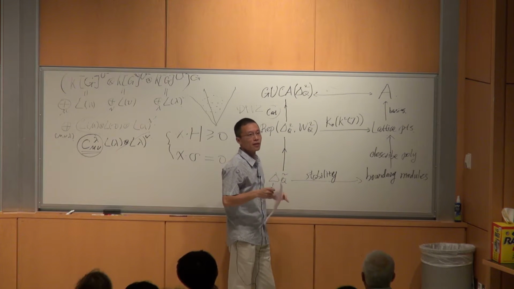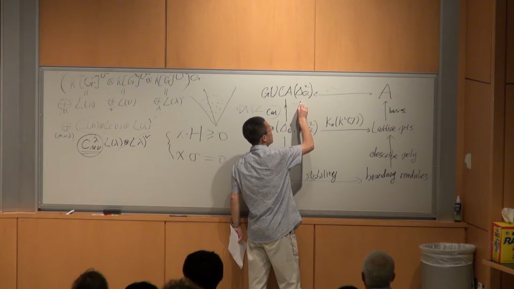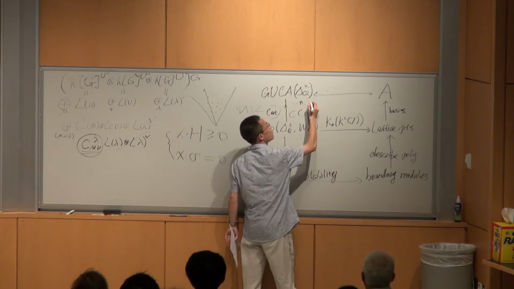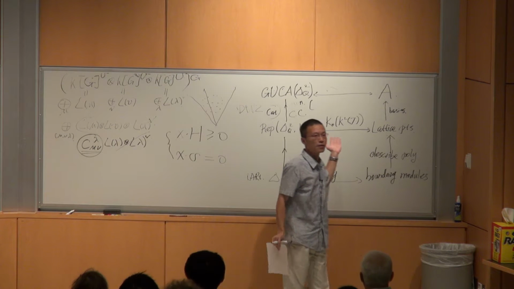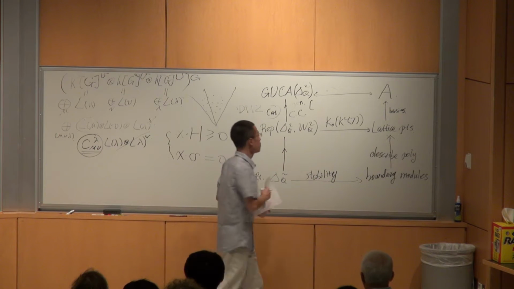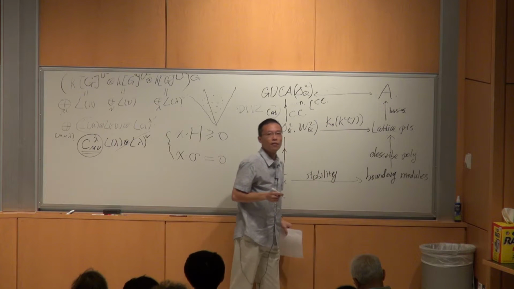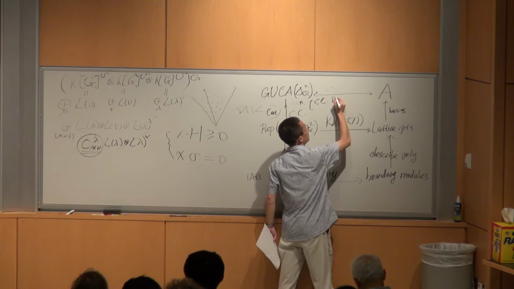The map I use is the so-called generic character. I think the prototype of this one is due to Caldero-Chapoton, and later, in the setting of quivers with potential for cluster variables, it is also due to Dixon, Weyman, and Zelevinsky.